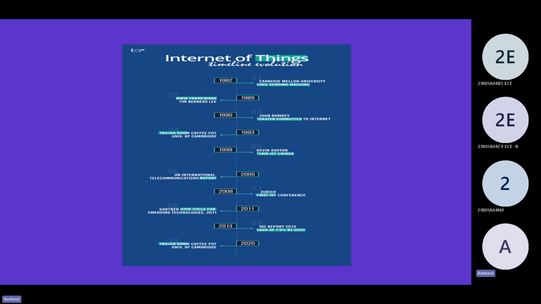Yeah, this was the timeline evolution of the Internet of Things. We discussed this yesterday; this is a revision.